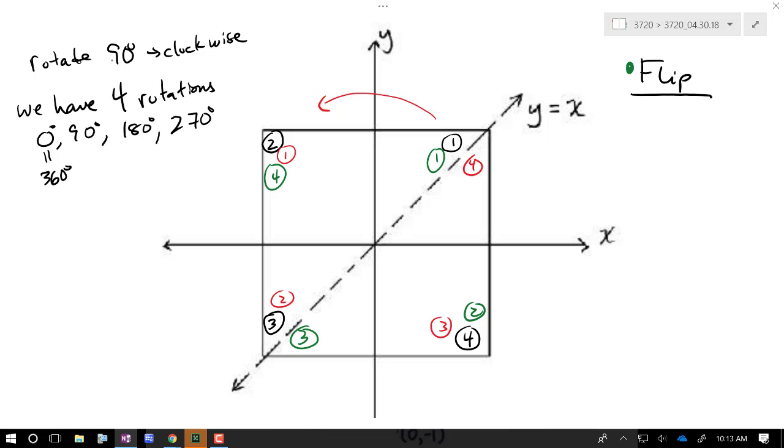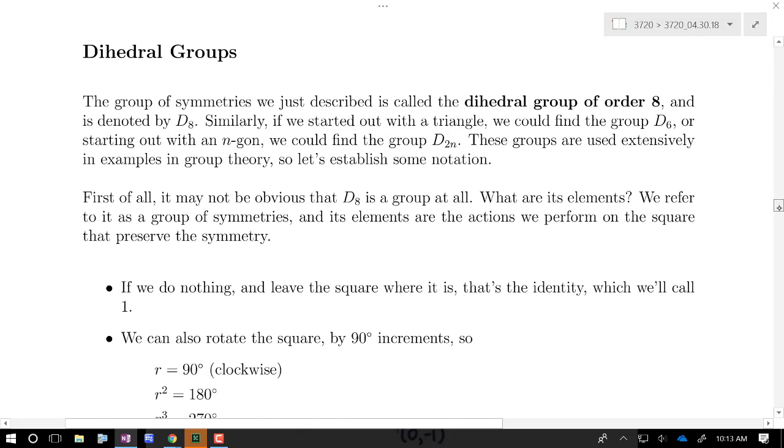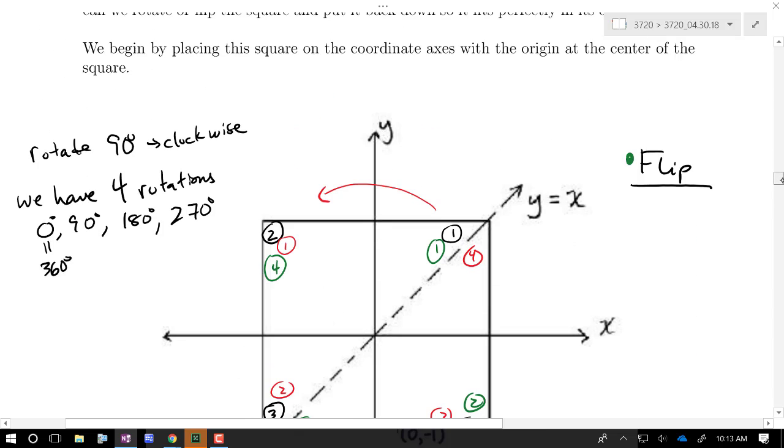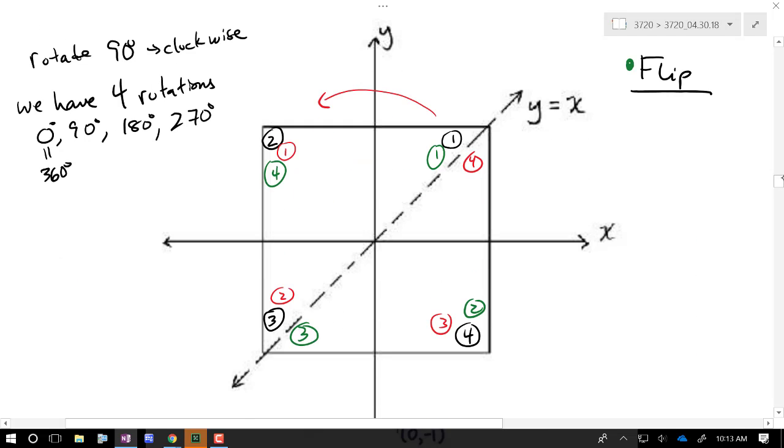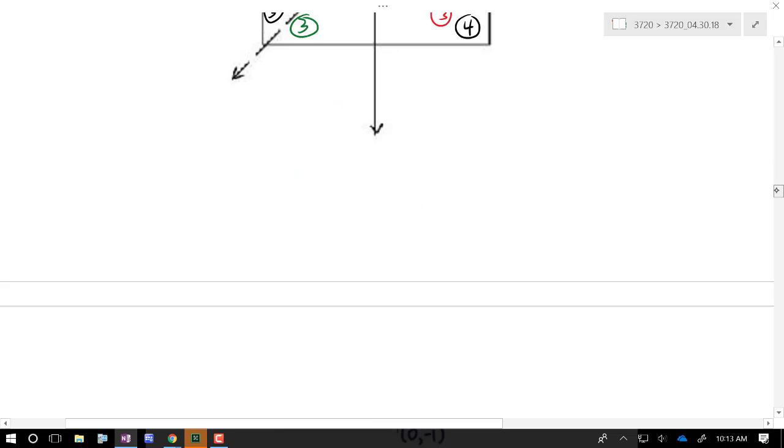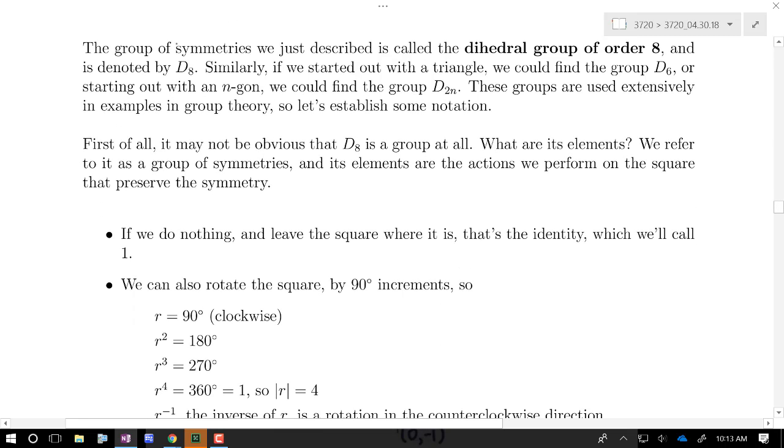The set of symmetries of the square does in fact form a group, and we're going to examine that in some depth today. So this is a dihedral group of order 8, because I've got 4 rotations, but then I could flip it and get 4 more, so that's a total of 8 symmetries of the square. It's a dihedral group of order 8, which we'll denote with a D8.